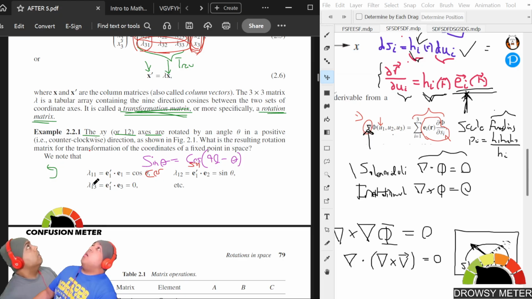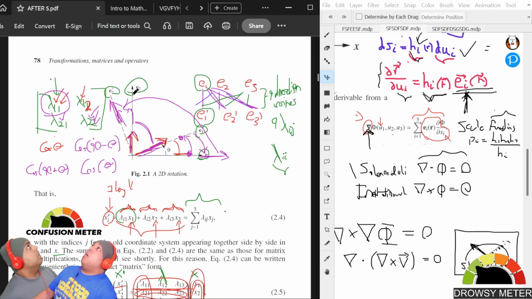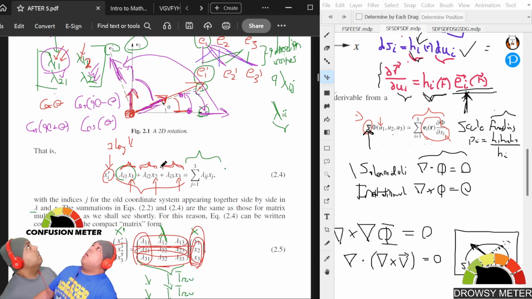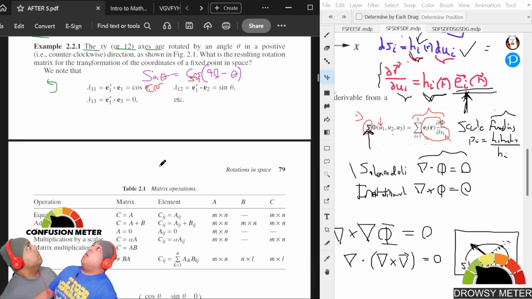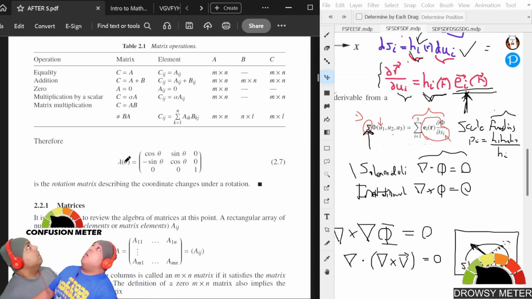Lambda 1 3. Angle between new one and old 3. New one is over here. Old 3 is coming out of the page. So the angle is 90 degrees and cos 90 is 0. Therefore lambda theta, oh, I didn't expect this 1 to be here.